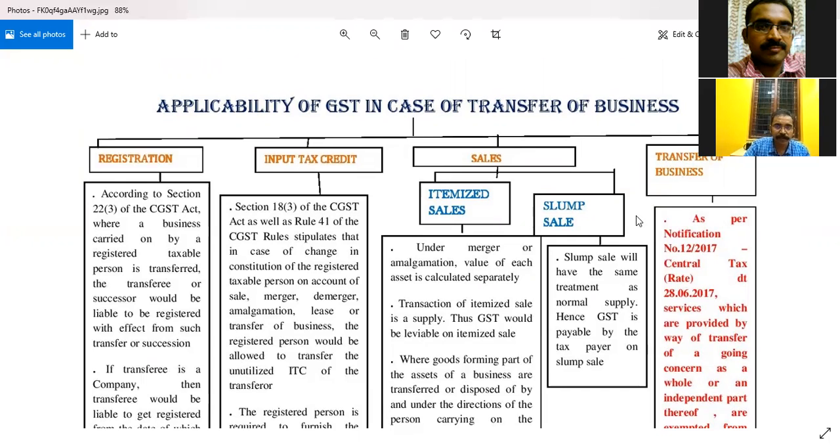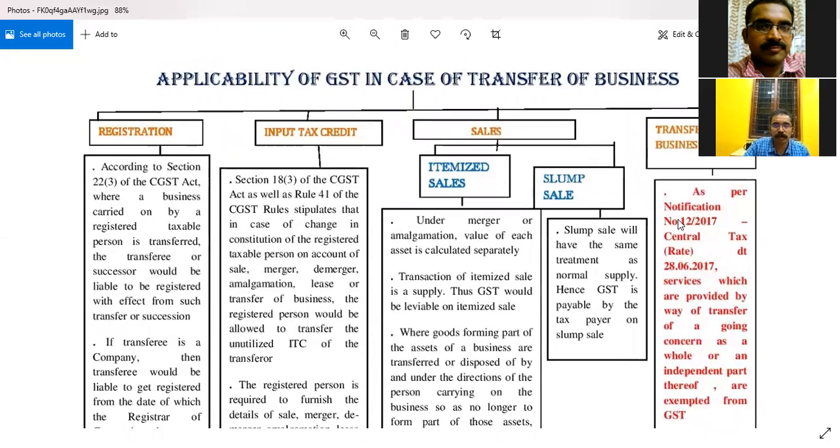In that case, as per notification number 12/2017, Central Tax Rate, dated 28/6/2017, the service provided by way of transfer of a going concern as a whole or an independent part thereof will be exempted from GST. Here, in case of transfer of business, there is no GST as it is exempted as per notification number 12/2017, Central Tax Rate dated 28/6/2017.